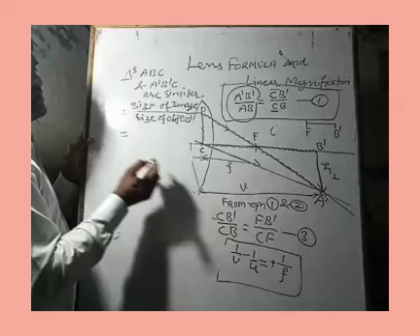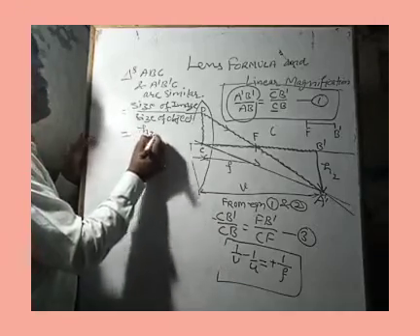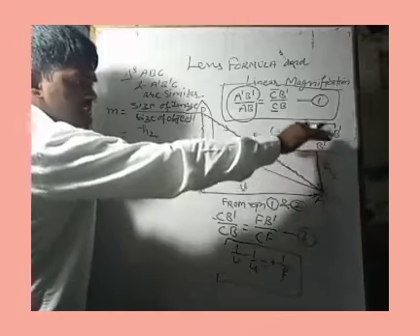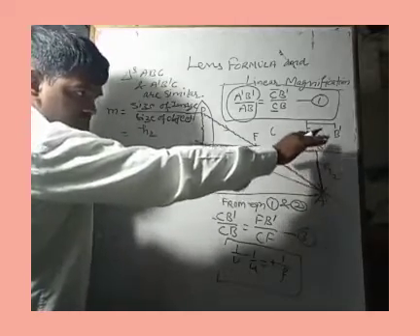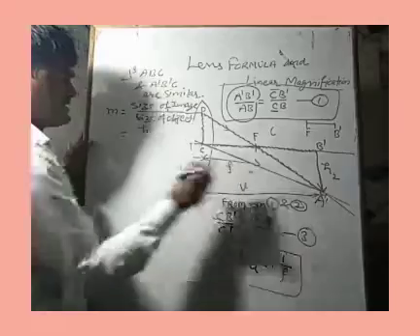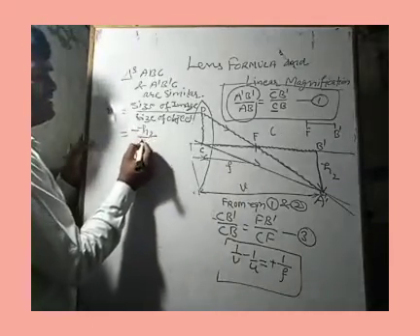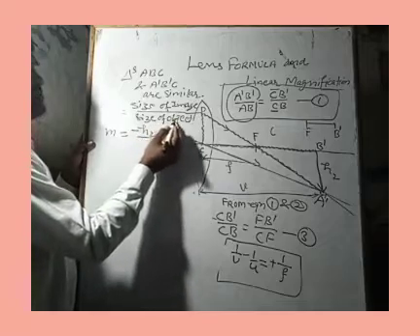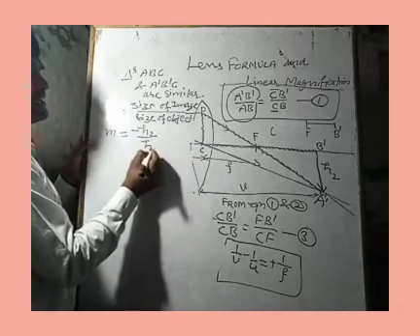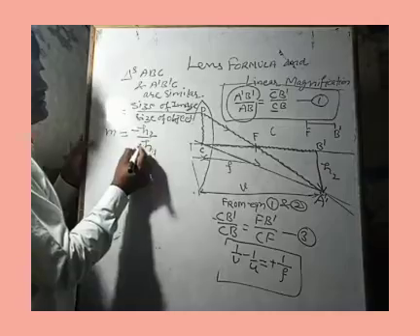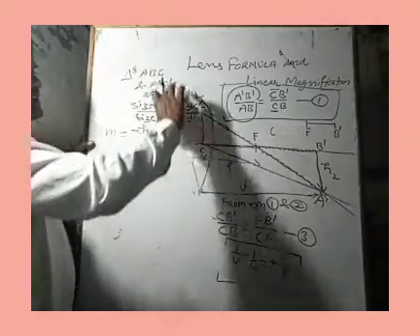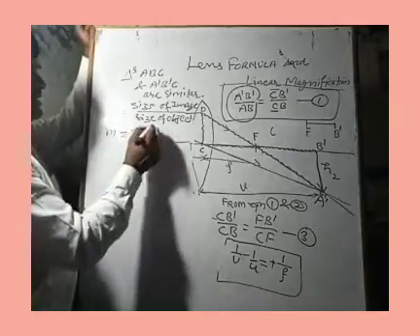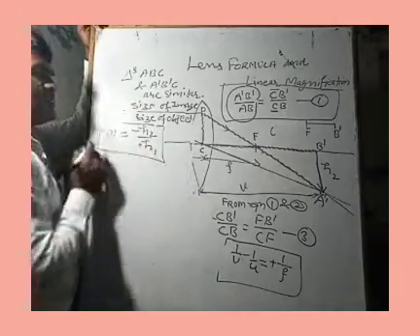So the size of the image is h2, since it is perpendicular to the principal axis and on the downside of the principal axis, hence it will carry a negative sign, and the size of the object will carry a plus sign, because it was above the principal axis here. Okay, this is the linear magnification for a lens.